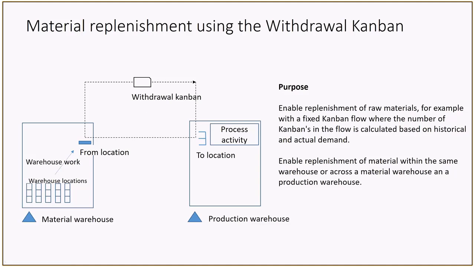So it represents two different processes that you can support, either completing silently the withdrawal Kanban when you complete the put of the work, and then it's brought directly to the input location, or the warehouse worker working on the material warehouse will bring it to the from location, and then we have a separate activity or process, probably done by another worker, completing the withdrawal Kanban.